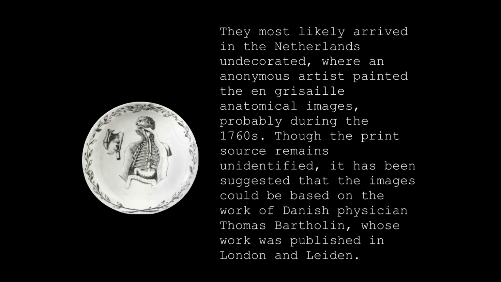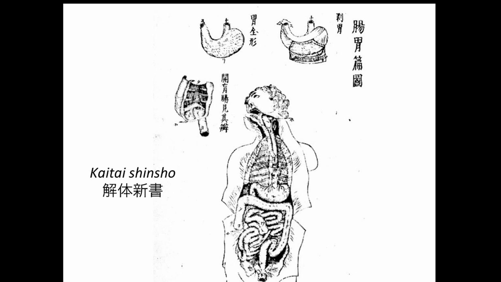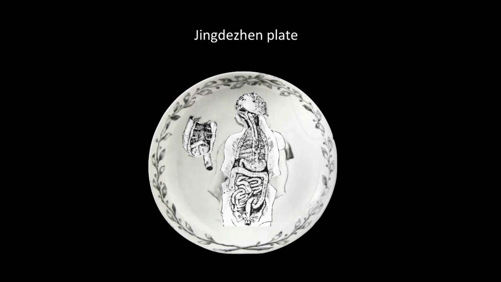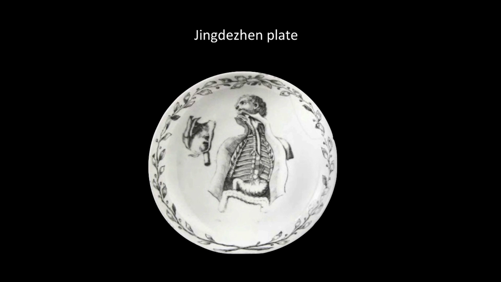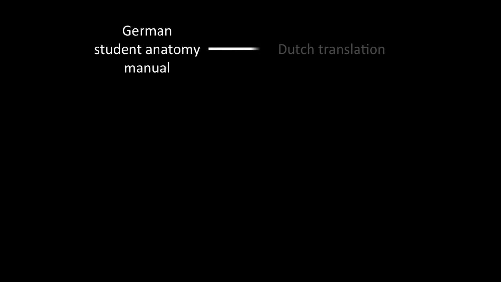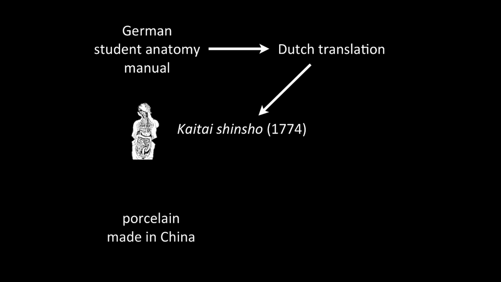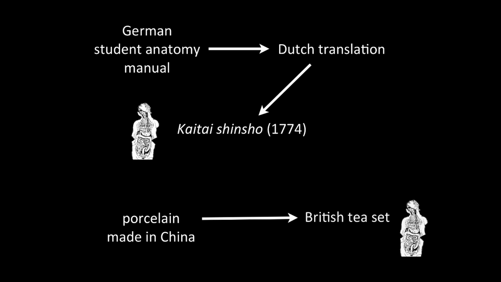But those of you who study Japan will probably recognize that this is probably wrong, because that same image appears in Kaitai Shinsho, this work that we've been talking about the last 2 days. This is one of the most famous images in the history of Japanese science. And it's this image that gets embedded in this piece of China.